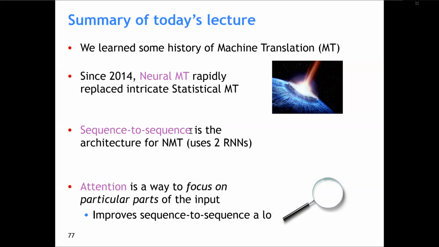If you are familiar with one RNN, it's very easy to put two RNNs together. And then we can add attention to the sequence-to-sequence model to make it focus on particular parts of your input values. Right, so that's the introduction of the course materials.